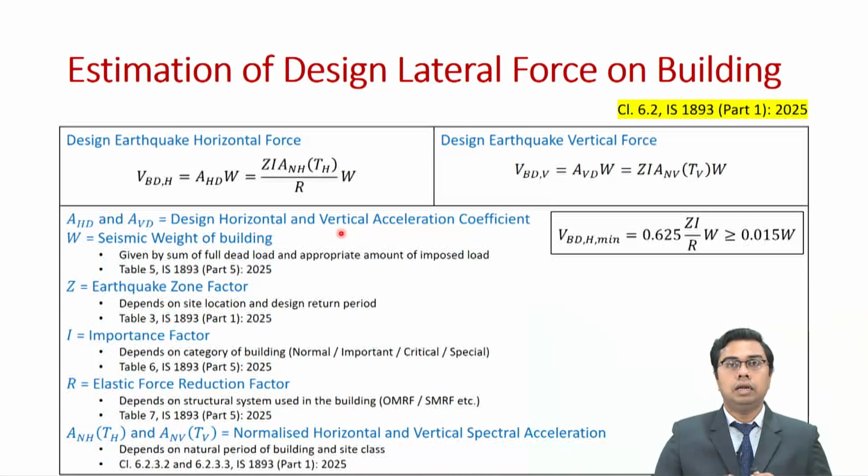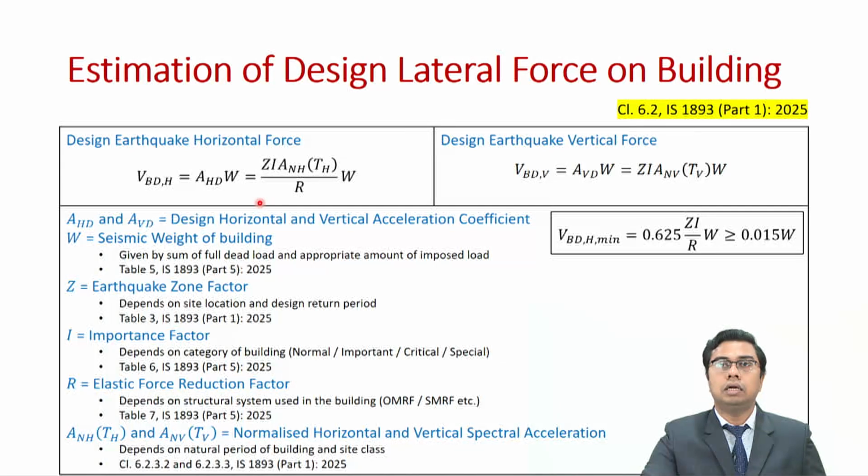As we are aware, earthquakes are manifested in the form of ground motions or ground shaking. So, usually we consider three components of ground motion. So, we will have the design earthquake force along three directions. In the Cartesian coordinate system, we will have the design earthquake force along two horizontal directions and one vertical direction.